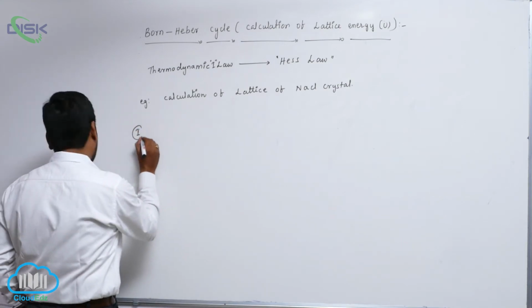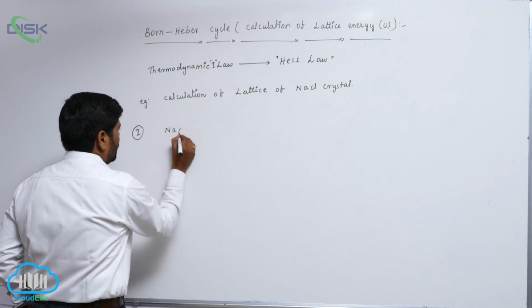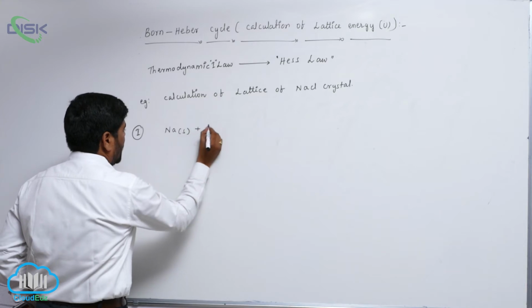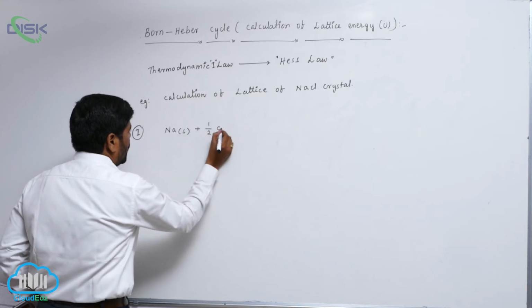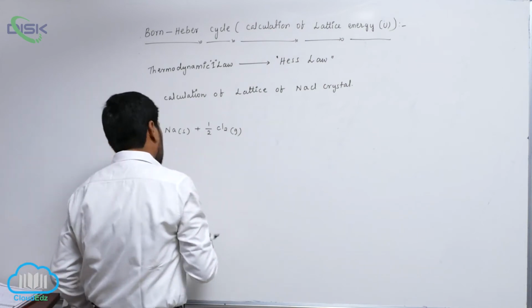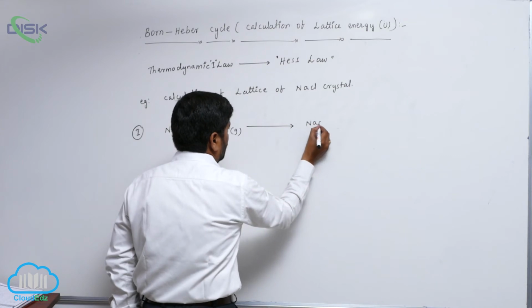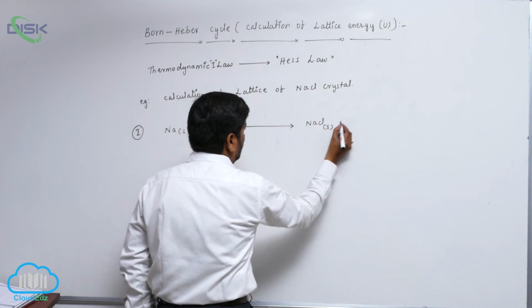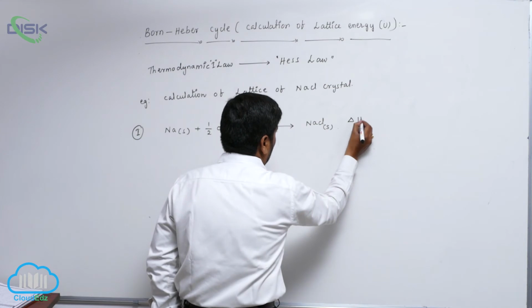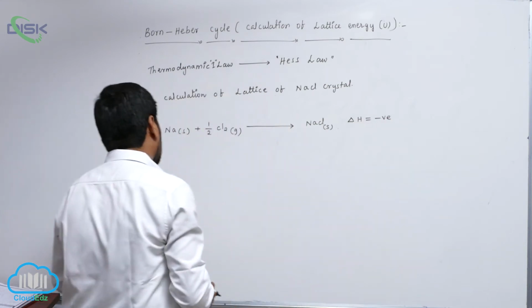Number one, sodium solid plus half mole of Cl2 gas forms sodium chloride solid, and delta H is negative, that is an exothermic process.